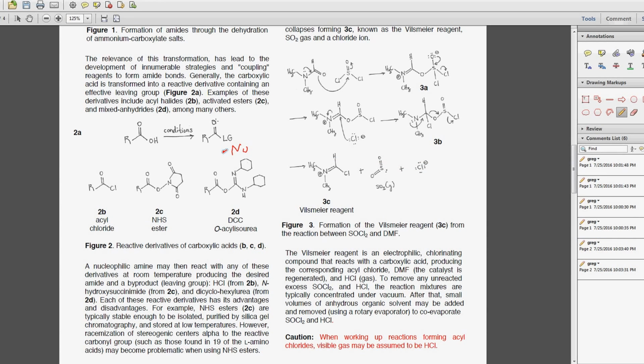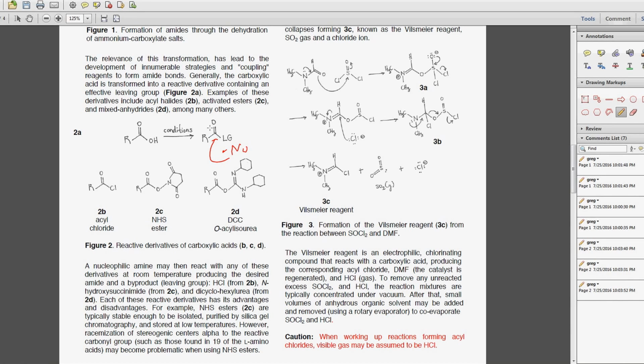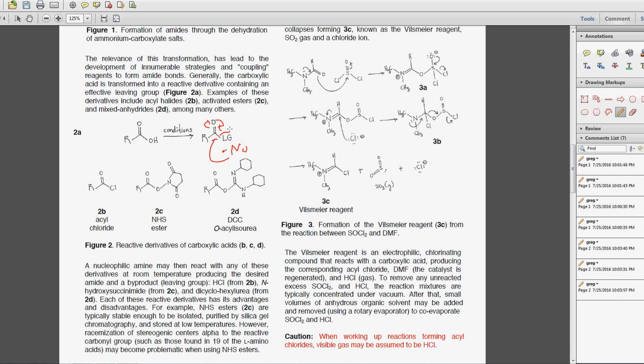That nucleophile can then attack here. You'll get your tetrahedral intermediate that will collapse, and then you'll lose your leaving group. So in the case of an amide, your nucleophile would be a nitrogen.